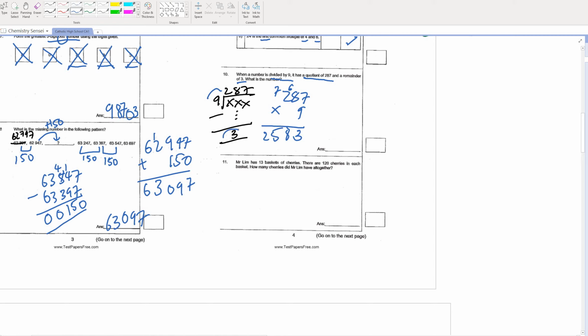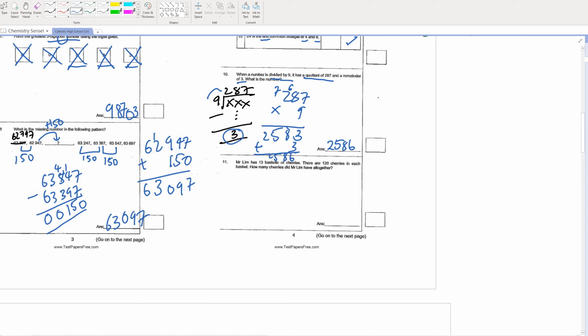Do not forget to add the number 3 over here. So after that we have 2, 5, 8, 6. So the correct answer is 2,586.